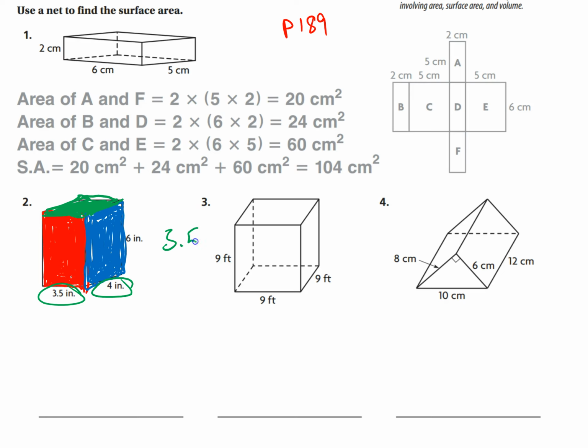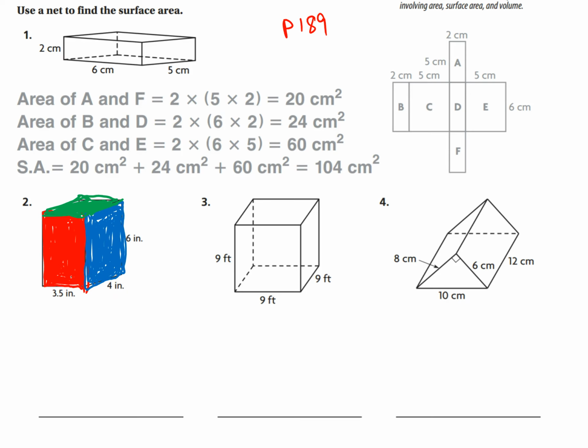So 3.5 times 4, you're going to get that answer, and then multiply it by 2 because there is a top and a bottom. And then you're going to take the total for each one of those and add them all up to get your total surface area.